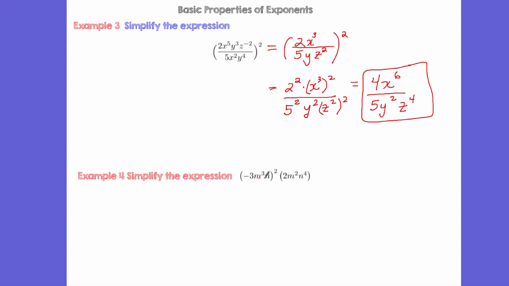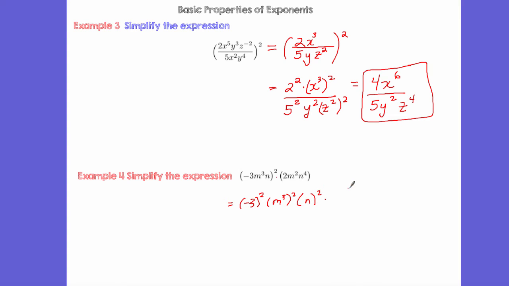And lastly, you're taking two products, you're multiplying here together. So what I would do here is actually square this out. Now, you're going to have negative 3. This is important. That base is being squared. M cubed is going to be squared, and n is going to be squared.